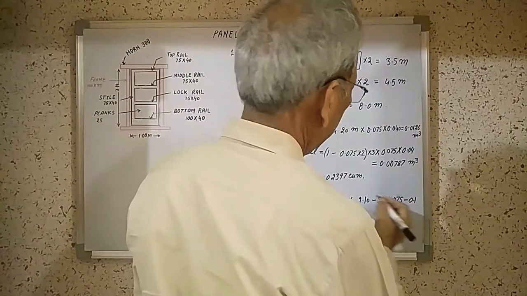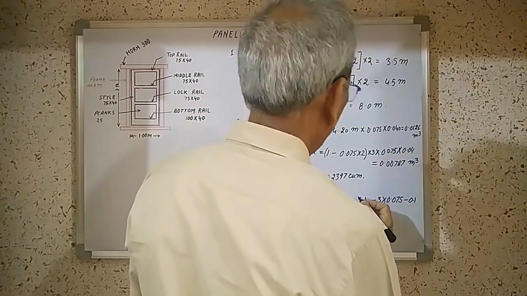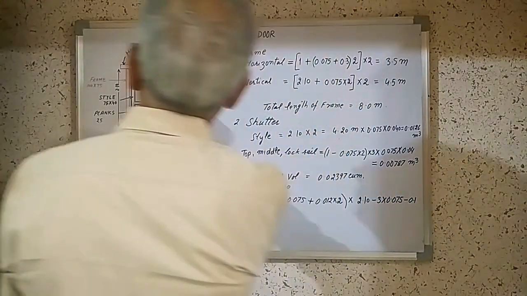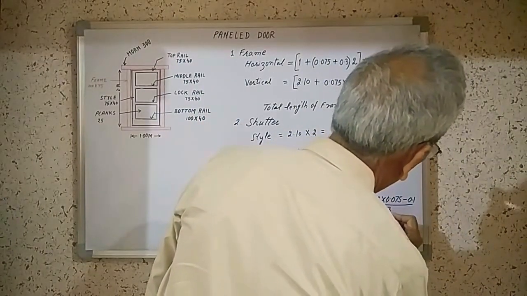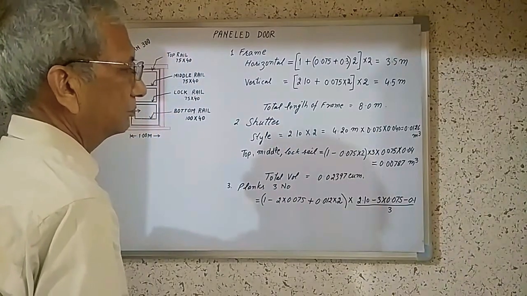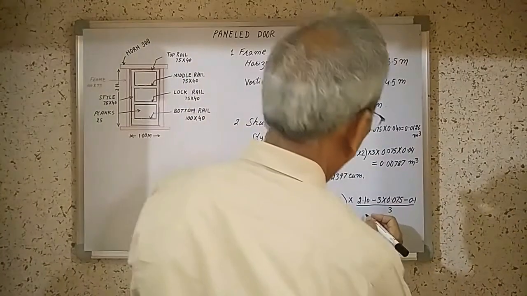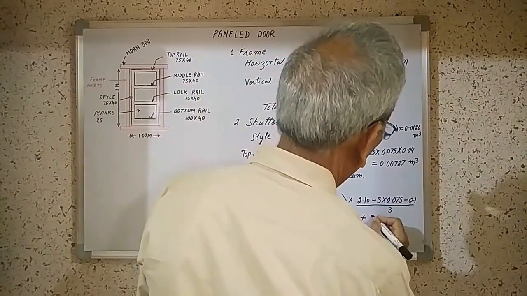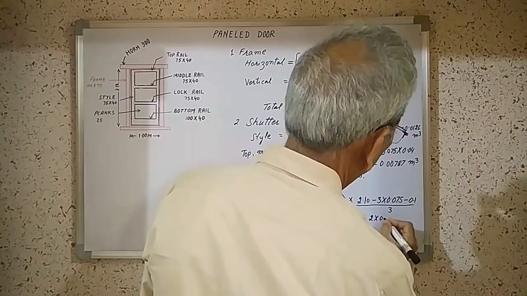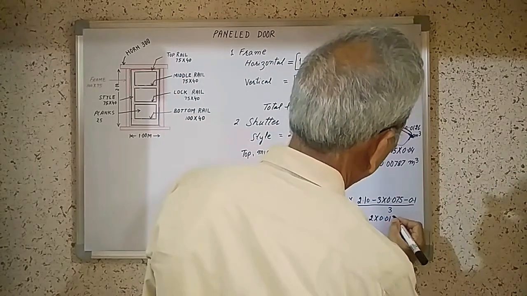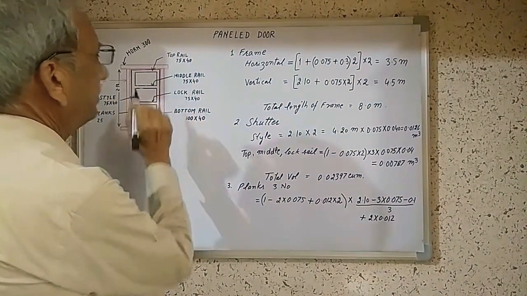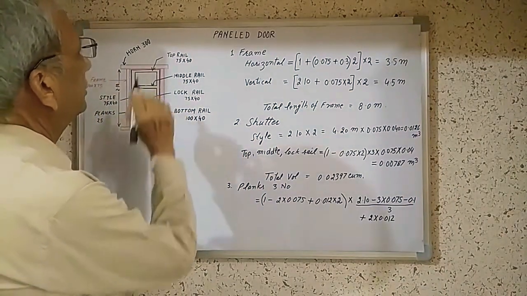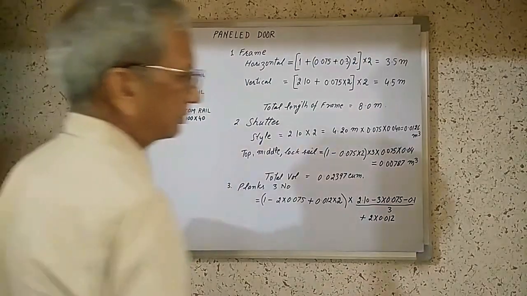This will be the total length, divided by 3 because we have 3 planks. Then we will add 2 times 0.012, 12 millimeter on both sides, which will be inserted into the rail.